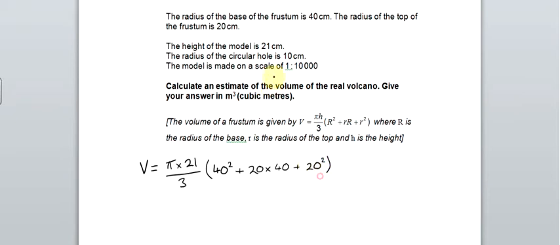If you're not sure where I got that from, all I've done is take this formula, and take h, the height, big R, the radius of the base, and little r, the radius of the top.